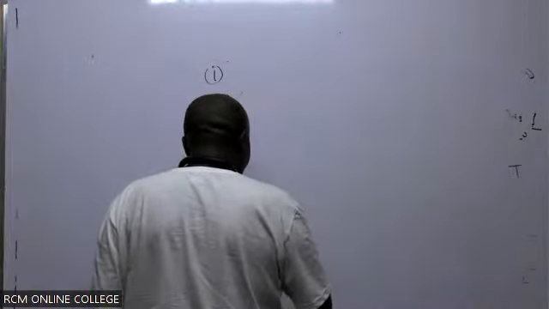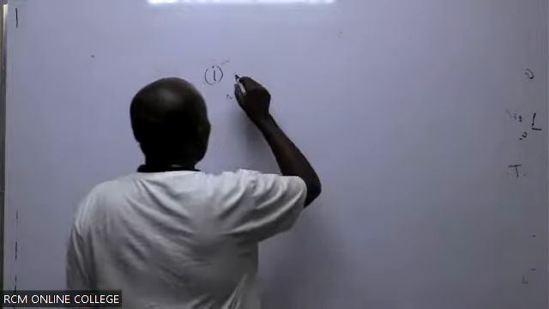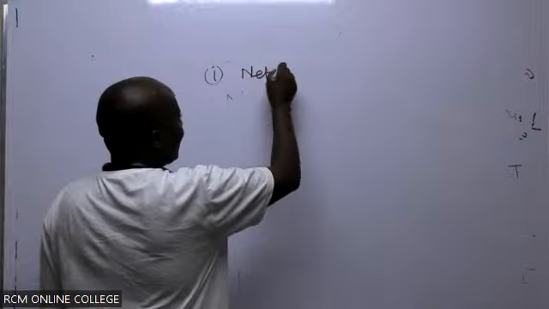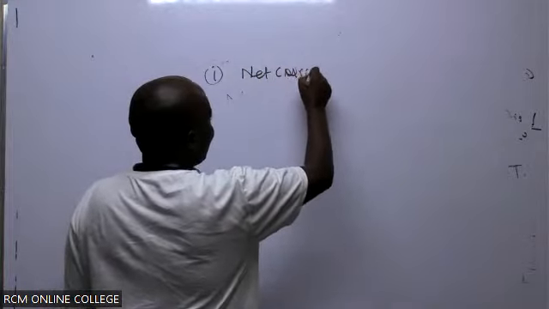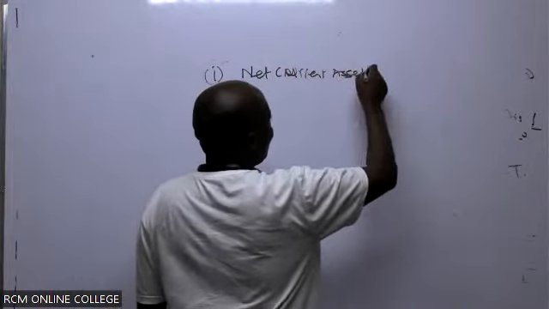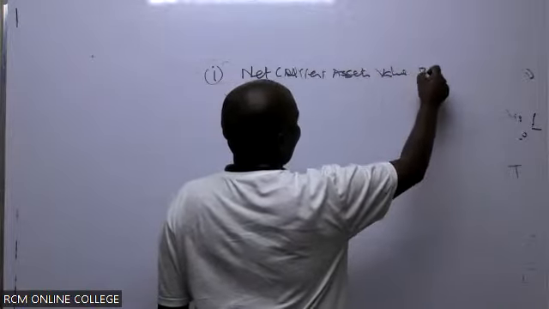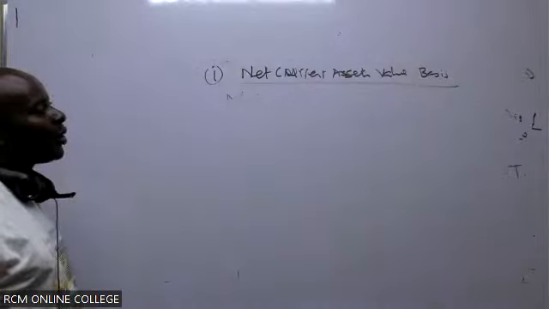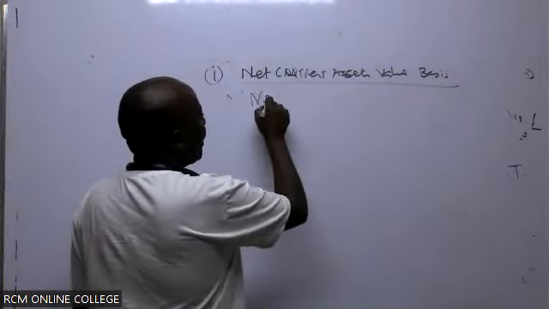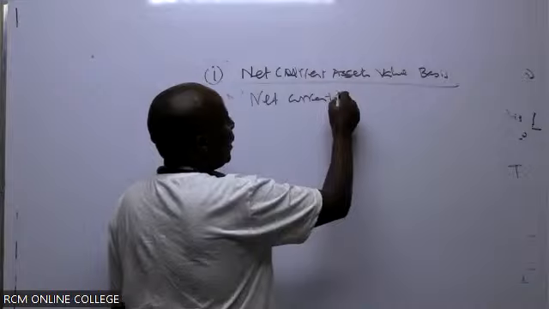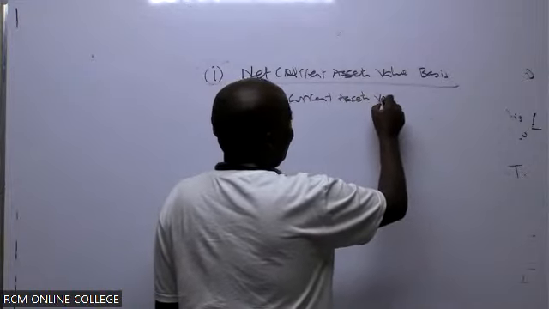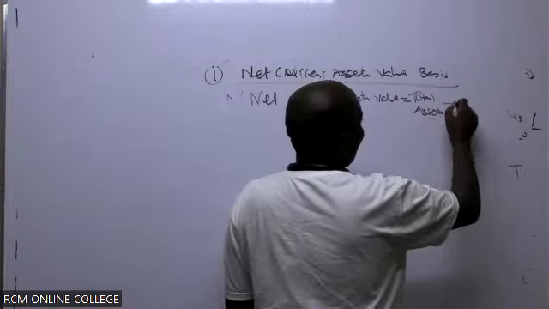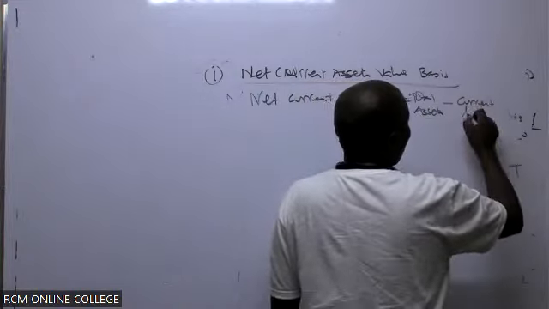The other one that he keeps on repeating, using this in the solutions, is what we call net current assets value, where we take total assets minus current liabilities.